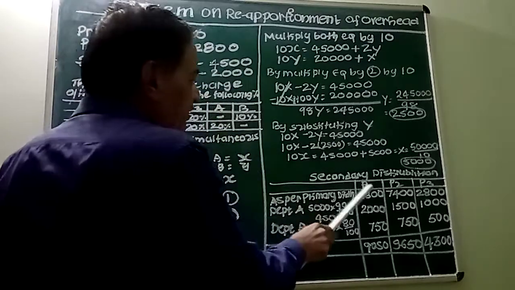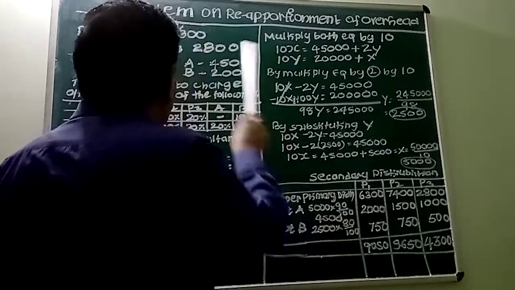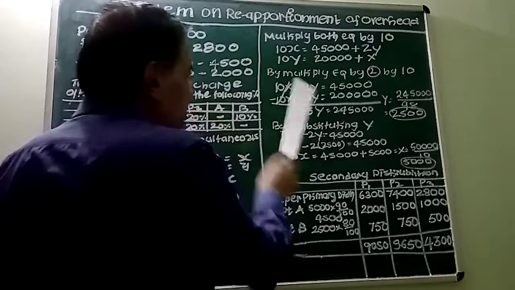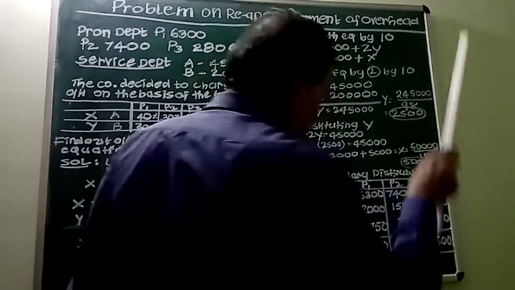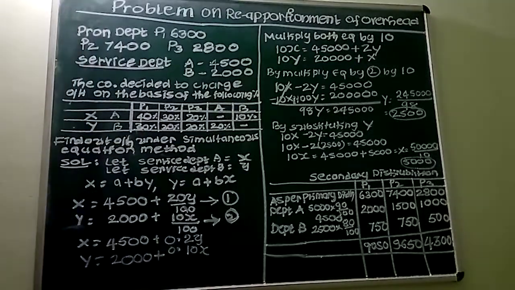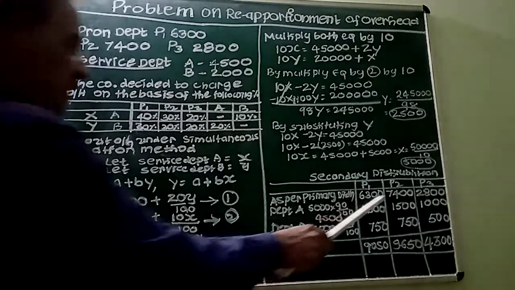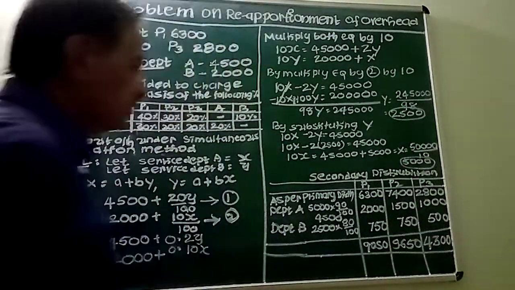So P1 is equal to 6,300, P2 is equal to 7,400 and P3 is equal to 2,800. First you take the total overheads as per primary distribution.